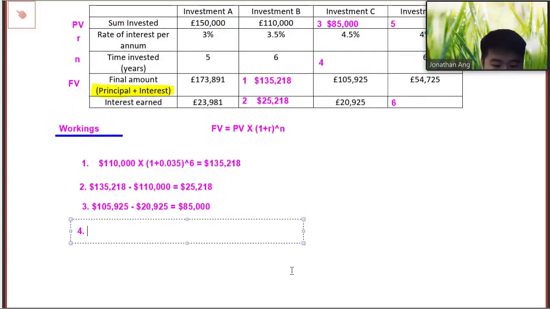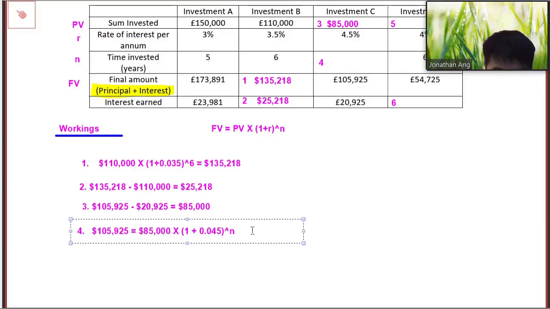Now, follow our formula. Future value 105,925, investment is 85,000, multiply with 1 plus my interest rate of 0.045 to the power of N. I need to calculate this one. Do step by step. 85,000, you have to divide against this figure.